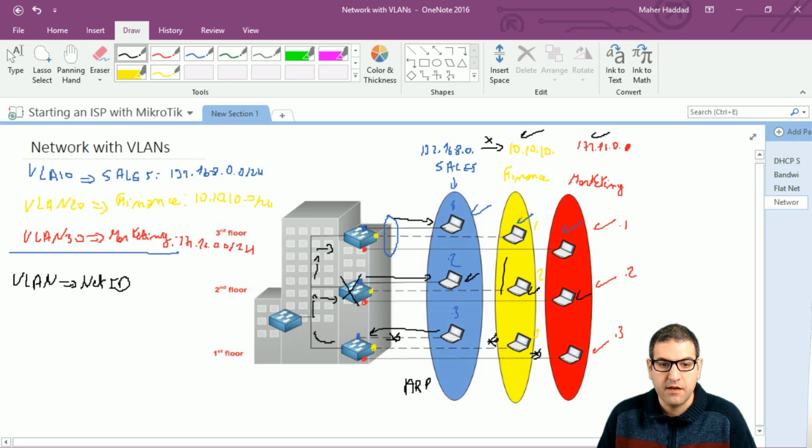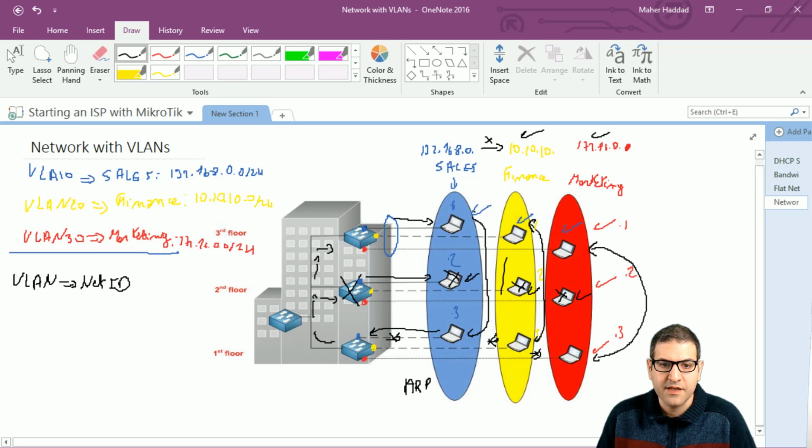That's correct, because they are physically connected to this switch. But it doesn't mean that the whole marketing department goes off. For example, those two are still able to communicate with each other because they did not get affected. Also for the finance, they are still able to communicate with each other. Also for the sales, those two PCs.